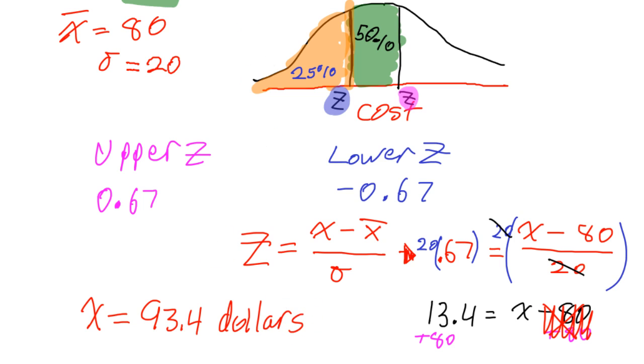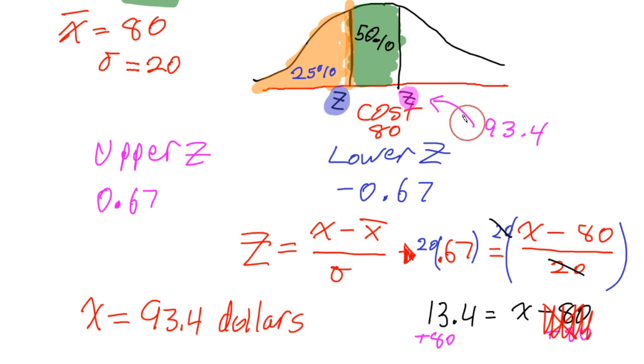Using the same idea we just noticed, because the z-scores are spread out evenly, the cost is also going to spread out evenly. This number right here as a cost was 93.4. The cost in the middle is the average cost, which is 80.